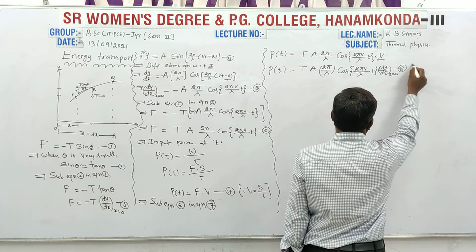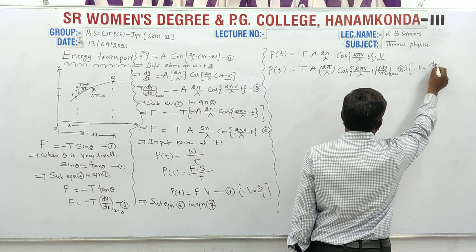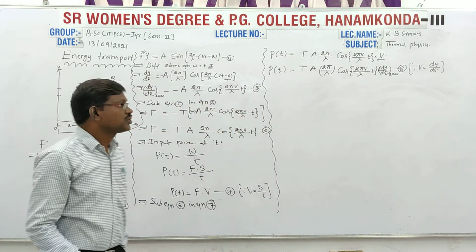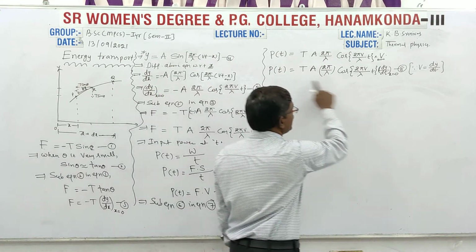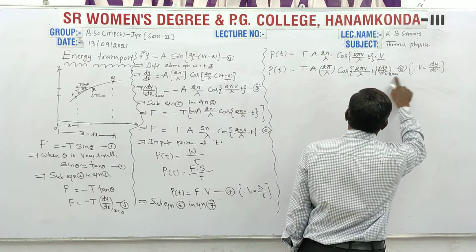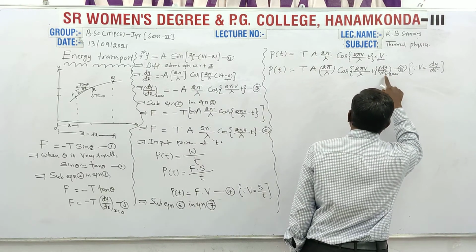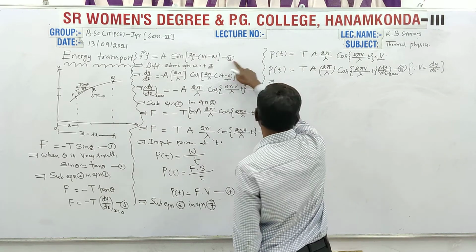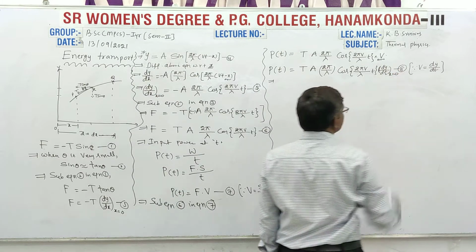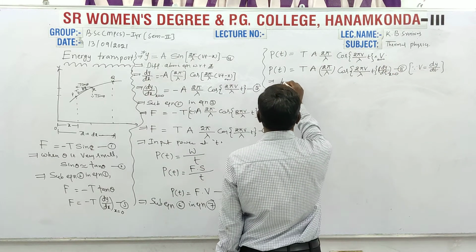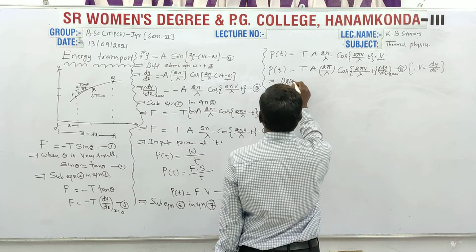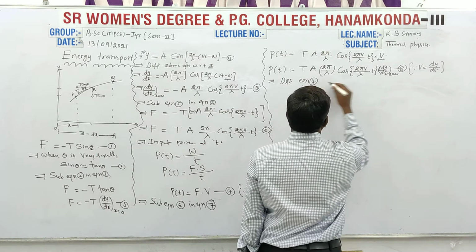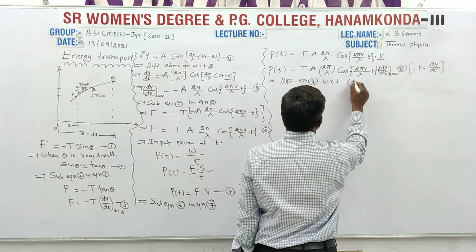Since here I am substituting v as dy by dt, is that clear? To calculate power, we need to calculate dy by dt at x is equal to 0. So to calculate dy by dt, see equation 4 again. From equation 4 you can calculate dy by dt individually. Just differentiate this equation 4 with respect to time, with respect to t.